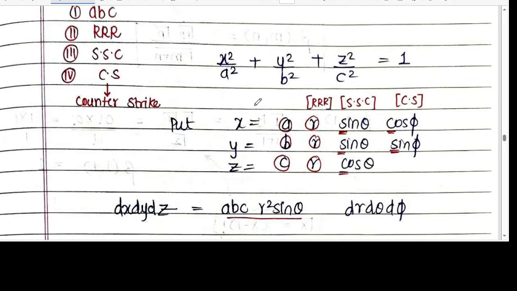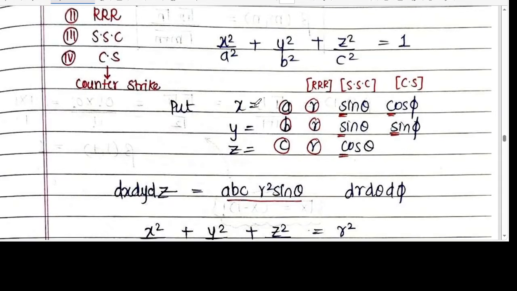Ellipsoid is again a similar question: x square upon a square plus y square upon b square plus z square upon c square equal to 1. So here you need to multiply with a, b and c. Whatever the spherical polar coordinates are for the sphere, the same we have to write, and we have to multiply by a, b, c.